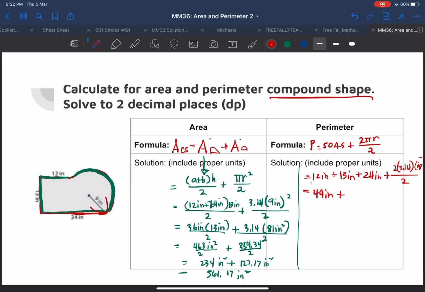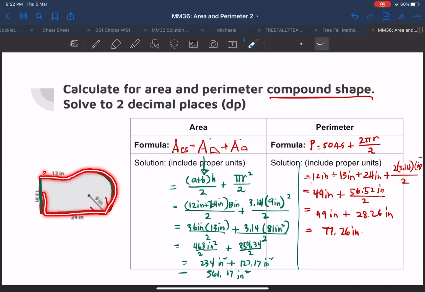Plus, 2 times pi times 9 gives you 56.52 inches over 2. Let's divide that by 2. So you have 49 inches plus 28.26 inches equals 77.26 inches.